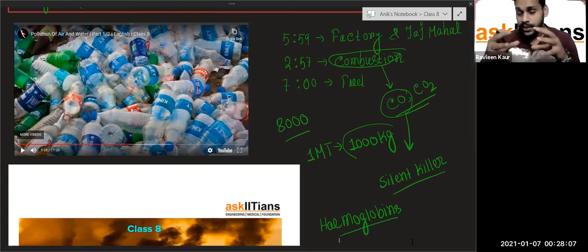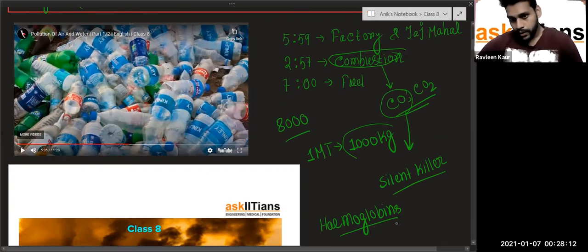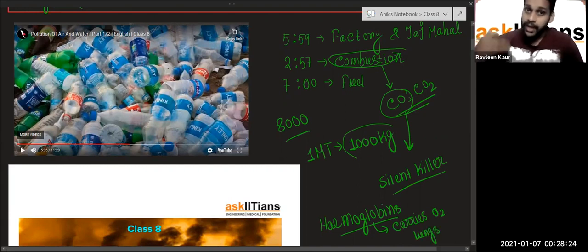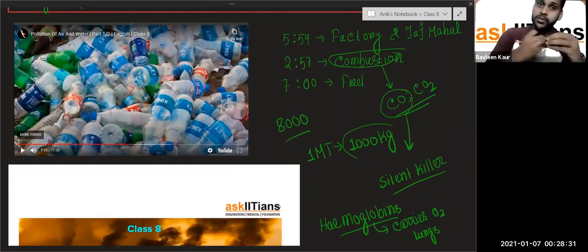Okay, let's leave this aside. The main thing about hemoglobin is, what is the use of this? This hemoglobin carries oxygen to our lungs. So this is the oxygen carrier. This is the main thing that helps the oxygen get transported.